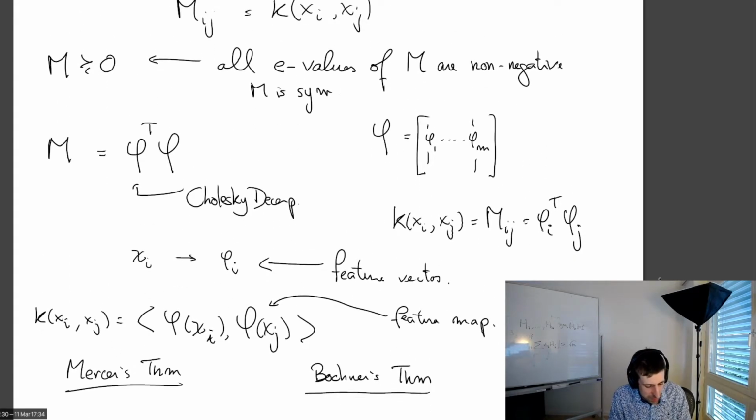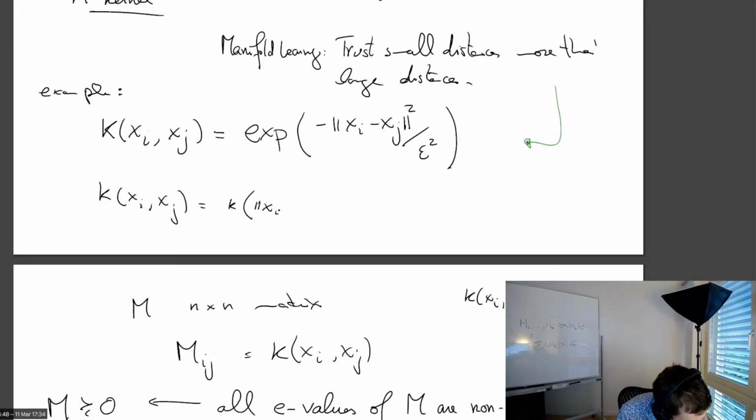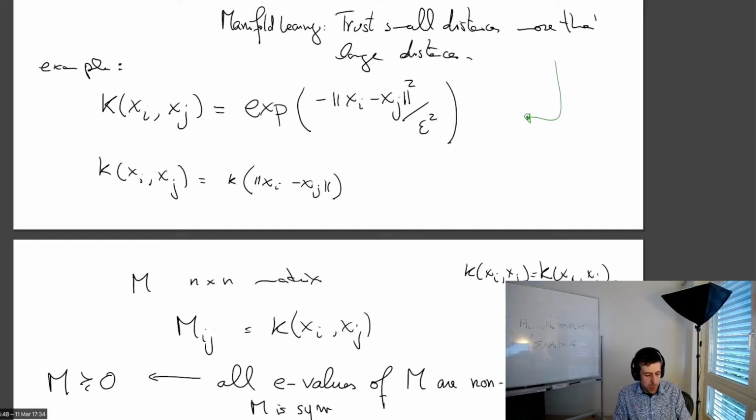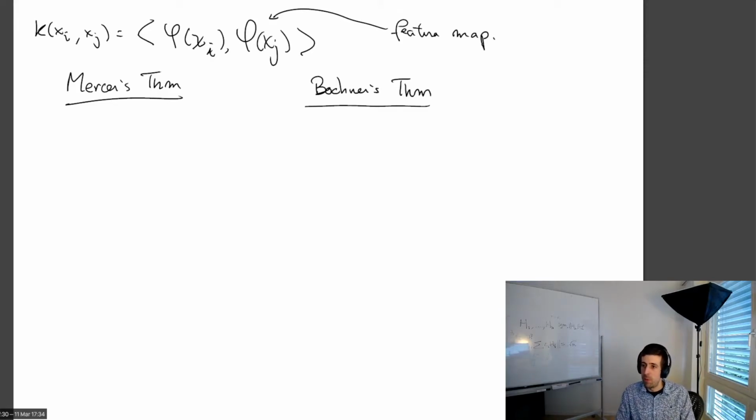It says that when your kernel is specifically of the style of some function, some little k, of the norm of xi minus xj, then there is a relationship between the kernel being positive semi-definite and the Fourier transform of that function. There's this beautiful relationship. I'll put references in the notes if anyone wants to read more. This all surrounds some form of functional analysis, Fourier analysis, and so on.